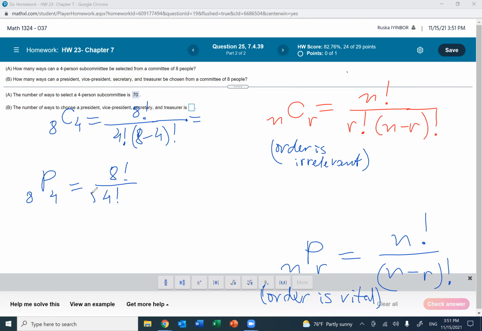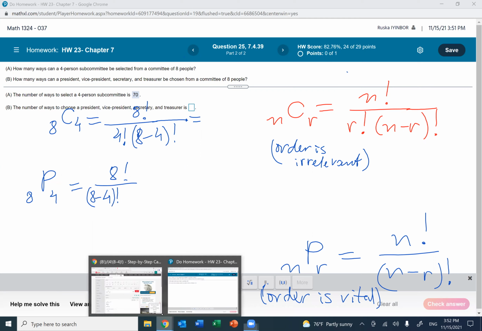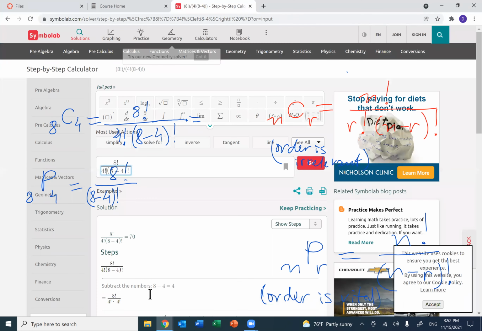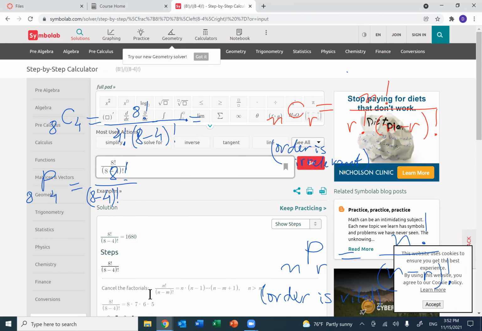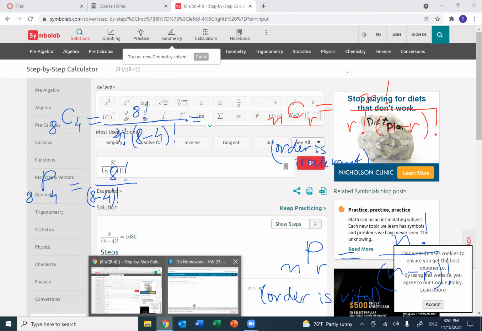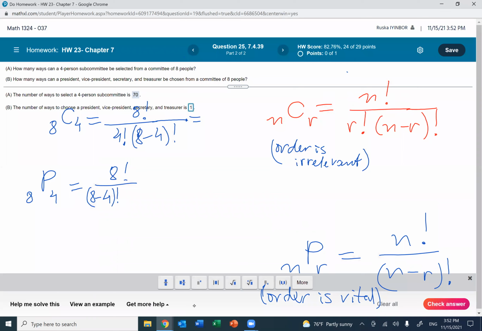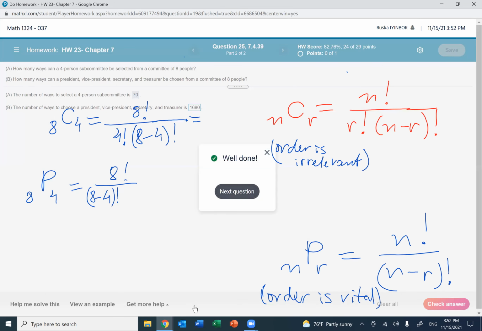Or you can just write 8 minus 4 like this, and the calculator is going to give us the answer. I'm just going to delete that 4 factorial in front. And we got 1,680. Okay, and that was right.